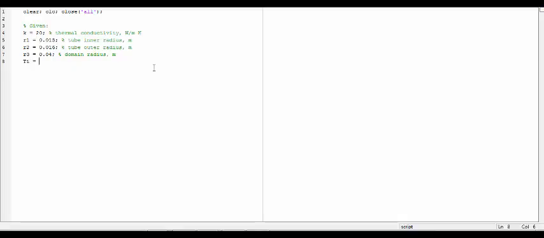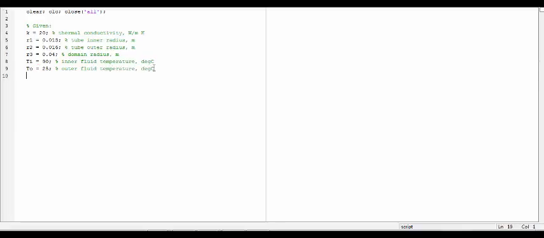We know the inner fluid temperature is 90 degrees C. And the outer fluid temperature is 25 degrees C. We know the inner heat transfer coefficient is 5,000. The outer heat transfer coefficient is 200.